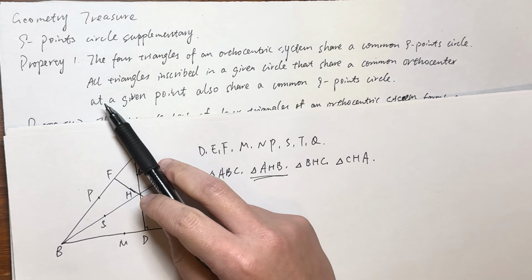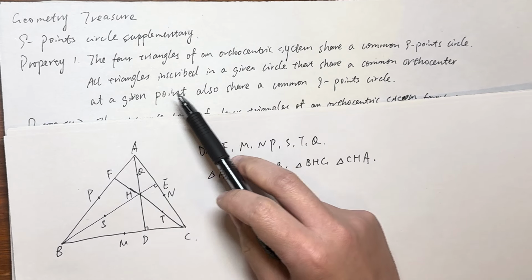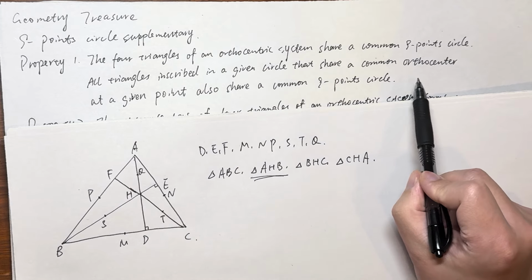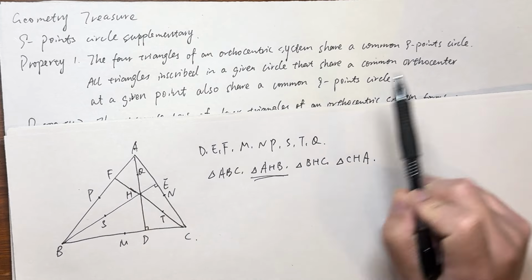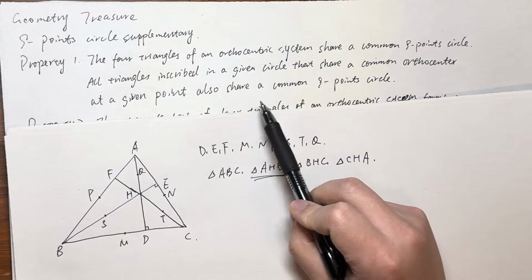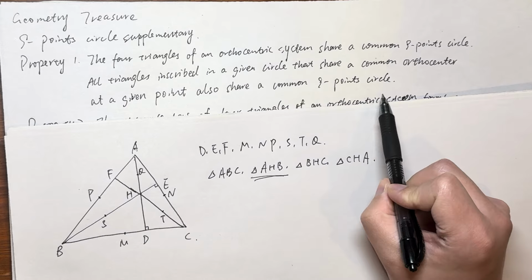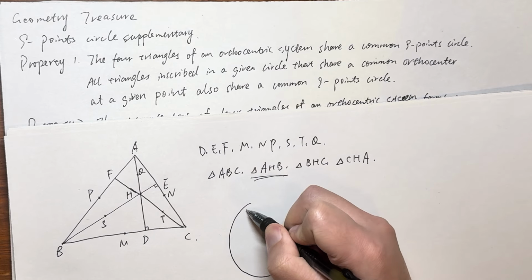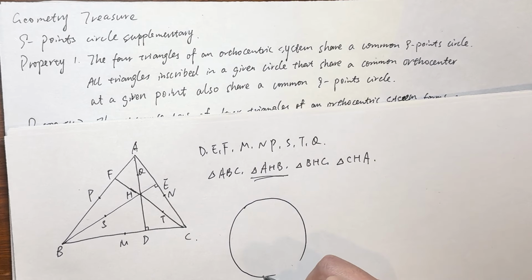Second claim, all triangles inscribed in a given circle that share a common orthocenter at a given point also share a common 9-point circle, which means that we already find the circle. This is a constant circle.